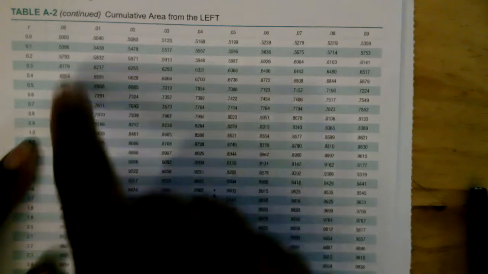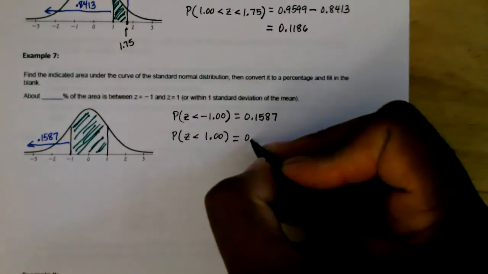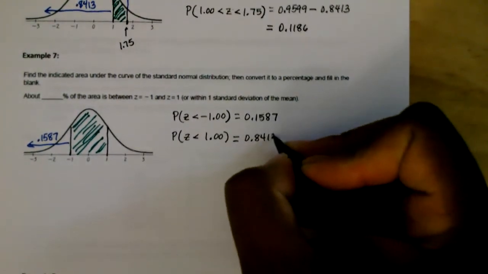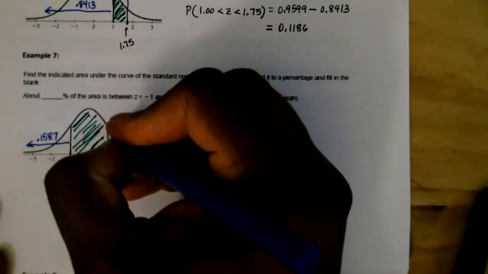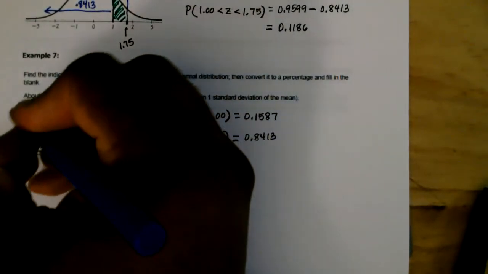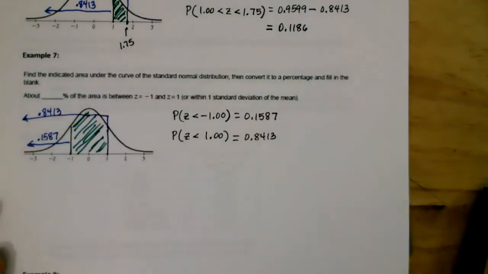So 1.0 is here, 0.00 is there. Read across and down, you'll see 0.8413. So here's one right here. From here all the way to the left, that's the 0.8413. That's the cumulative area to the left of that.